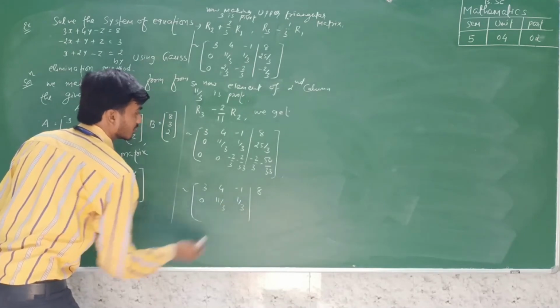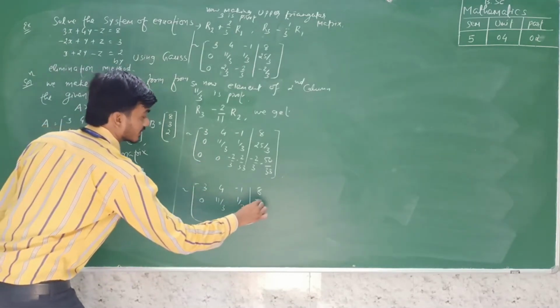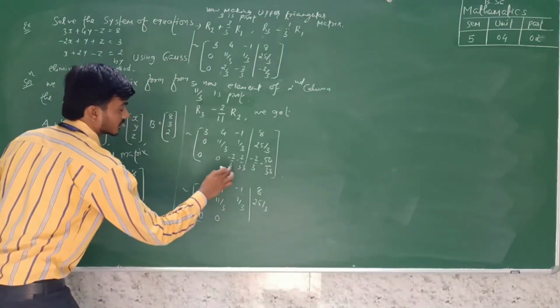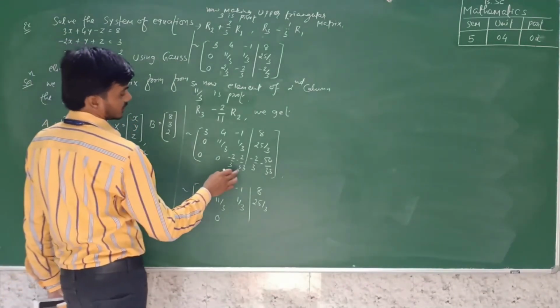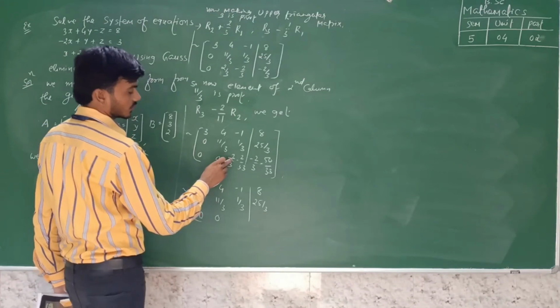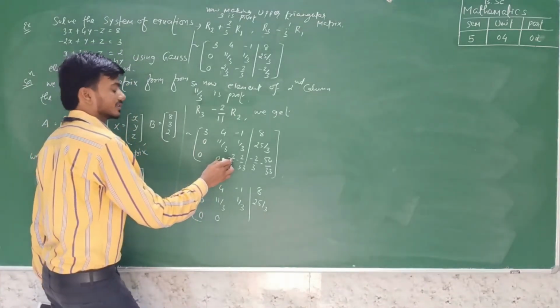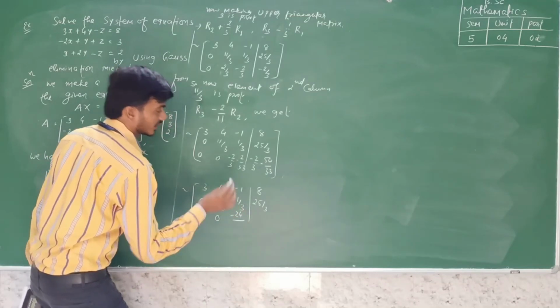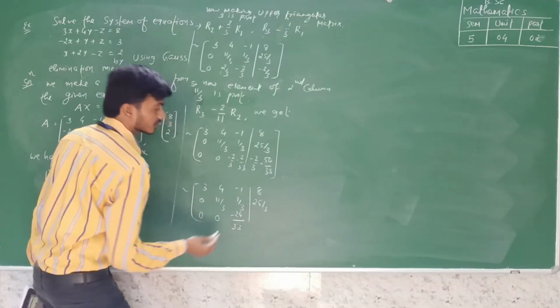by 3 and 1 by 3, second row, here 25 by 3. Third row, 0, 0, 33. LCM 33, that means 11 into 2, minus 22 minus 2, that means minus 24 upon 33.